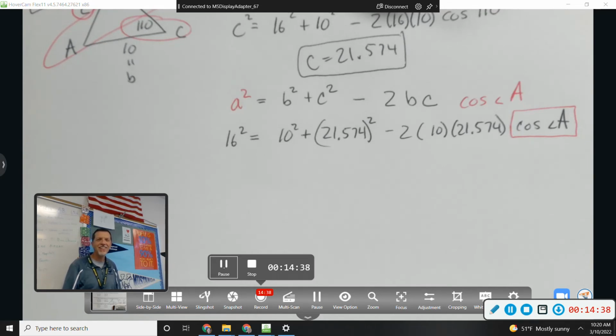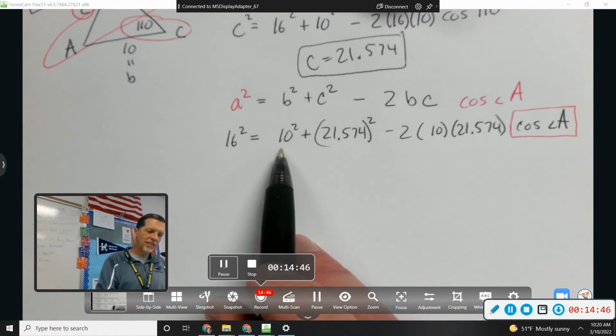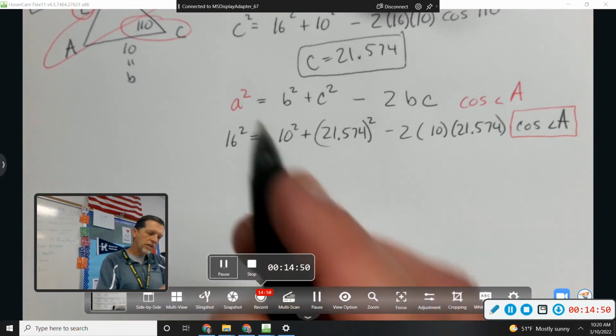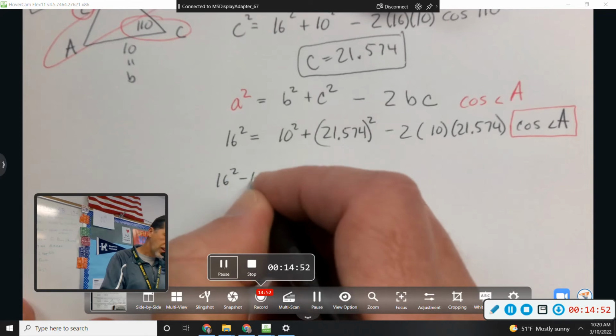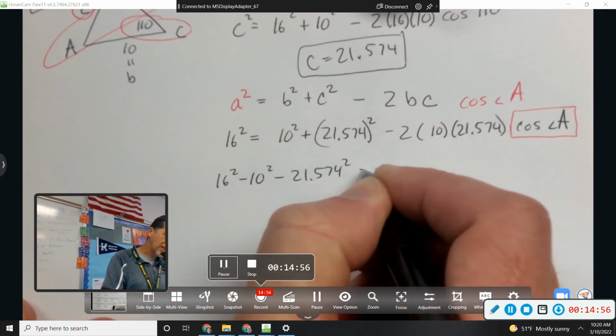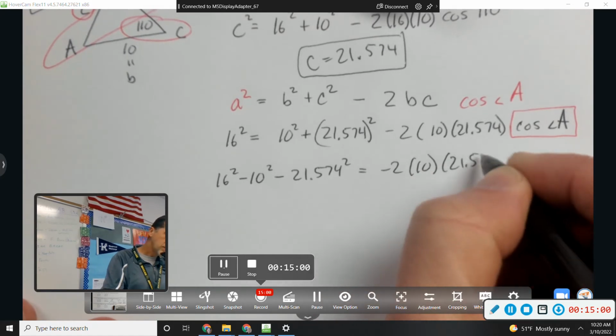The 6. The cosine. We're going to switch it to the 16 squared. I think I want to move over the 10 squared and the 21.574 squared. And I don't want to type it in yet because I'm not ready to type it in yet.